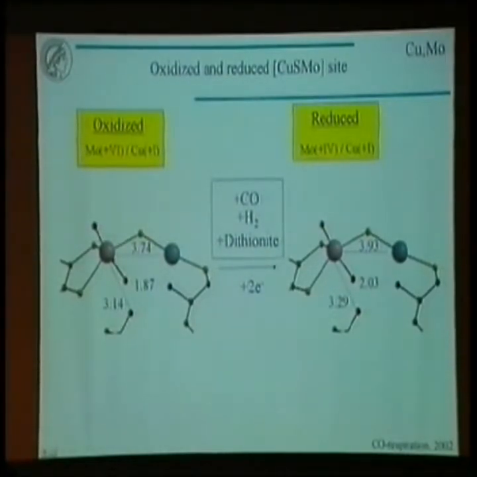It changes very little if we compare this molybdenum 6 and the molybdenum 4 form. There is a longer distance between the molybdenum and the copper. Now this group, the molybdenum hydroxy group, has lengthened probably from an oxo to a hydroxo bond. This bond has become longer. So relatively little changes.